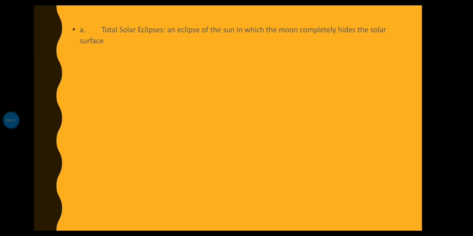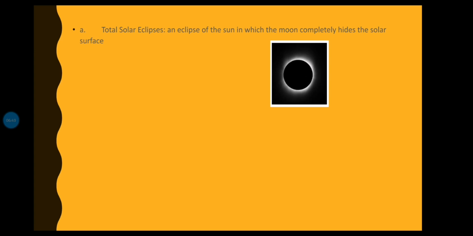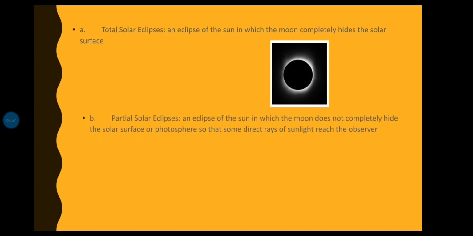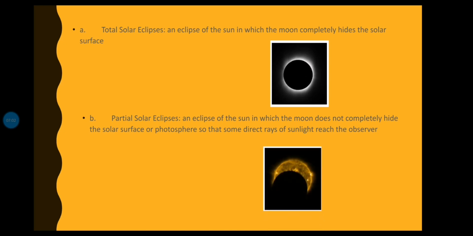The first one is a total solar eclipse. As you can see in the photo, the moon completely hides the light of the sun. And the second one is the partial solar eclipse. In this one, the moon hides a bit of the sun.